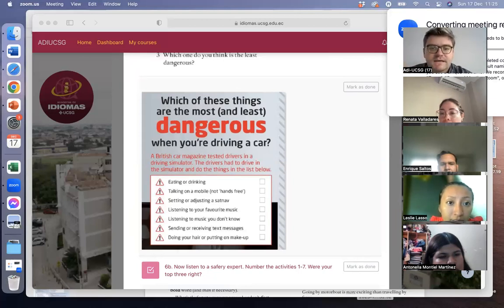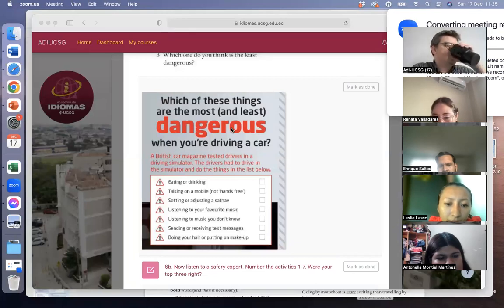The list. Yes. Eating or drinking. Which of these things are the most dangerous for driving? Which of these things are the least dangerous? When you're driving a car, a British car magazine did test drives in a driving simulator.